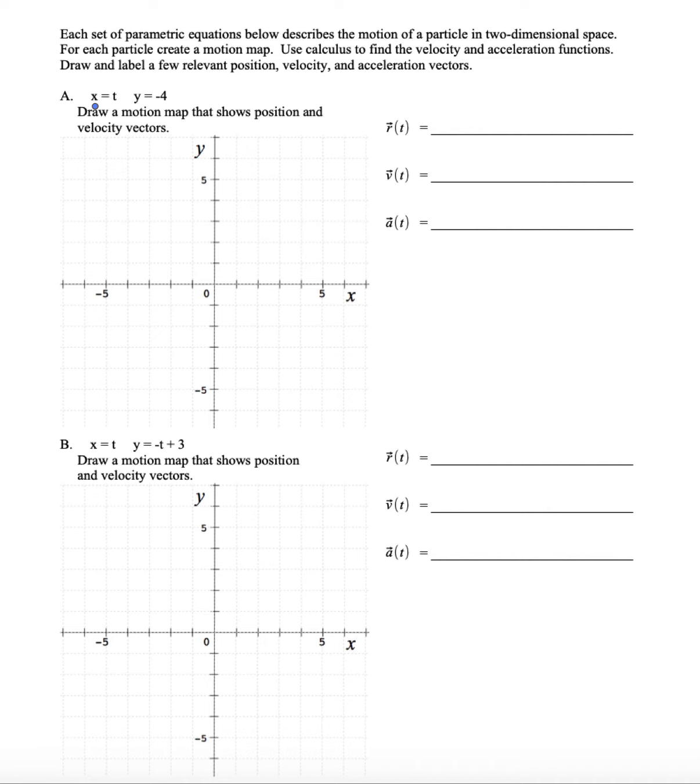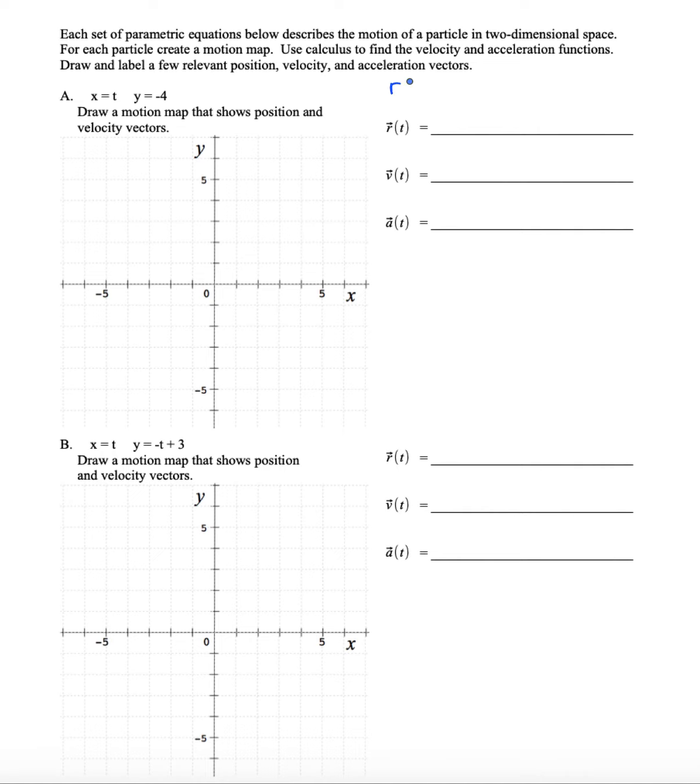Now we have the position of the particle in parametric form, which just means that it's separated into two equations, one for x and one for y. We're going to want to combine that now into one vector form formula that'll give us the position using i hat and j hat.